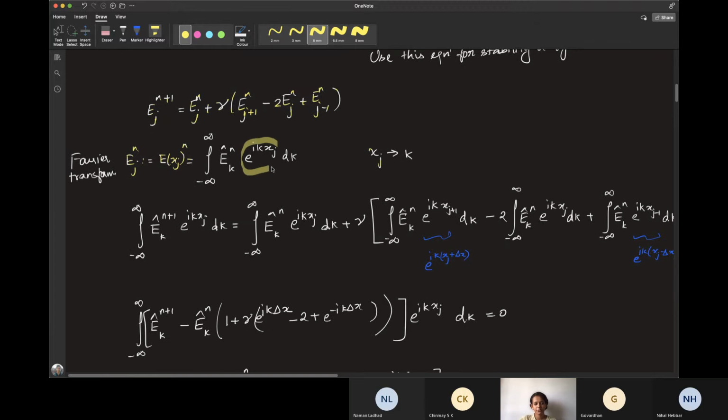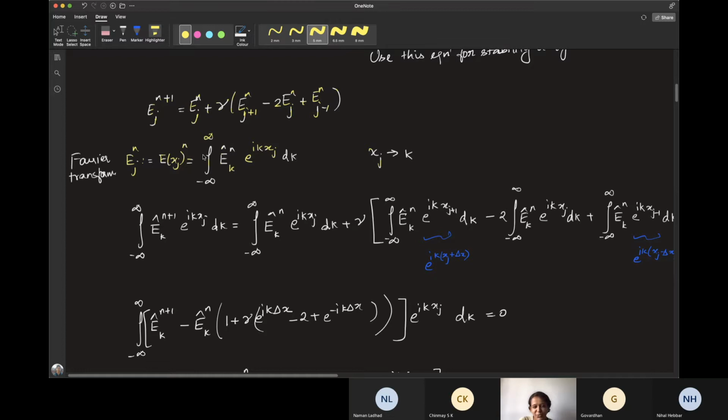The kernel that we take for the Fourier transform will be something like this. In some cases we'll have a minus; Fourier and inverse Fourier transforms will have plus and minus interchangeably, so it doesn't matter which one we take. I'm just taking e power ik xj. Xj gets converted to k through this transformation. So the Fourier transform of ej at n will be e cap k at n, and the inverse Fourier transform of e cap k at n will be ej at n.